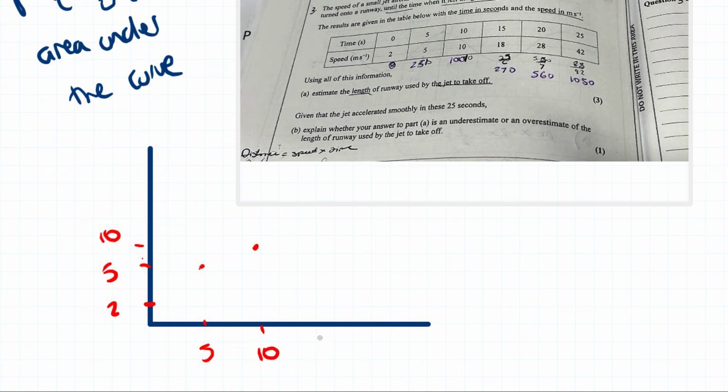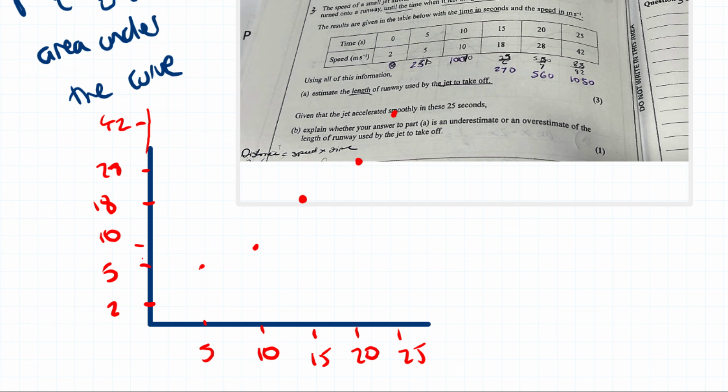Then the next ones, going up 15, 20, 25. So at 15 we have 18, then 28 at 20, and then 42 at 25, which is much higher.